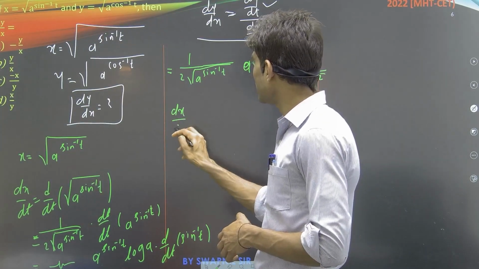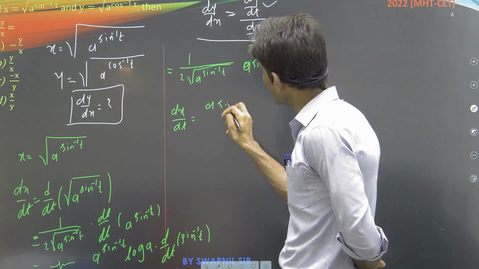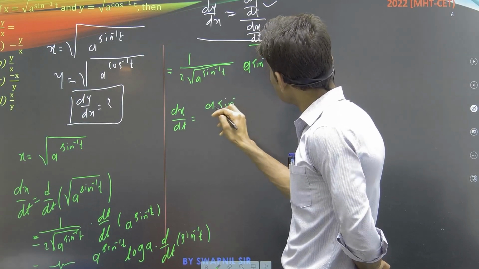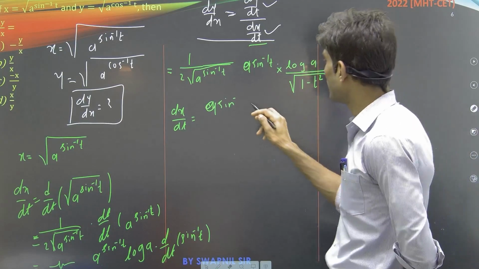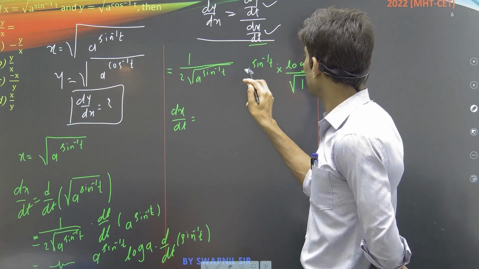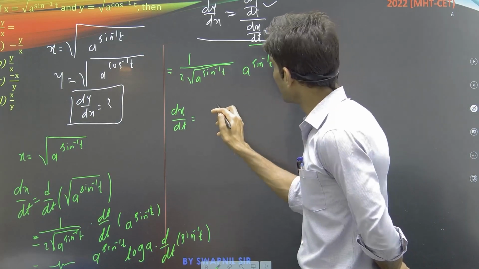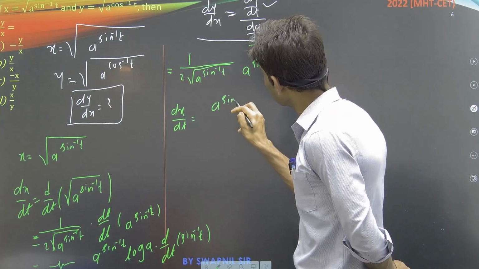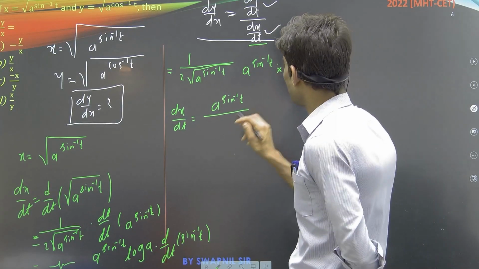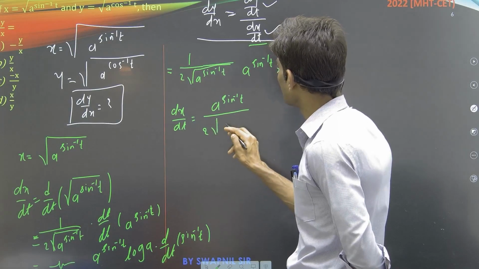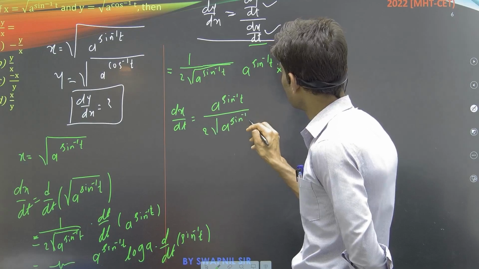dx by dt, I got the value: a to the power sine inverse of t upon 2 times square root of a to the power sine inverse of t.